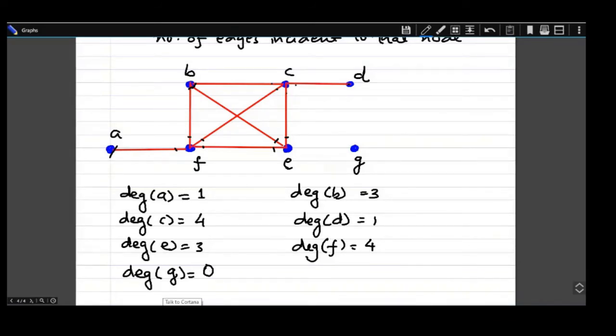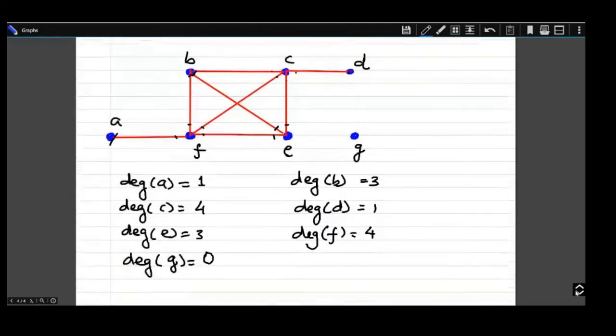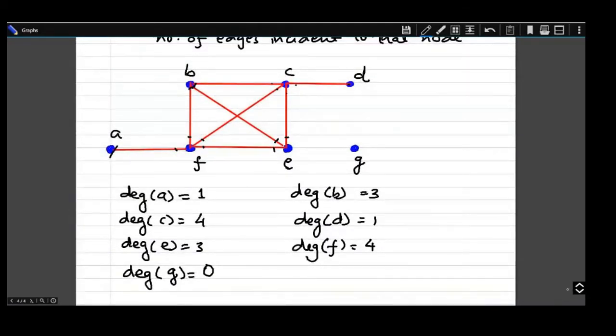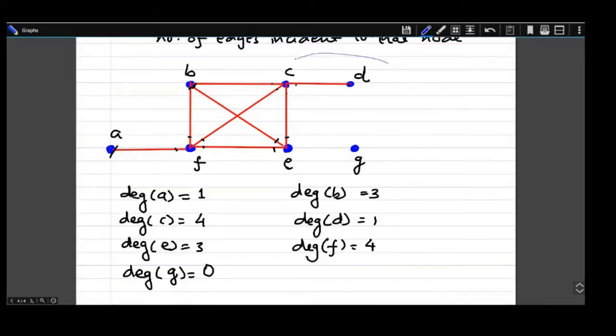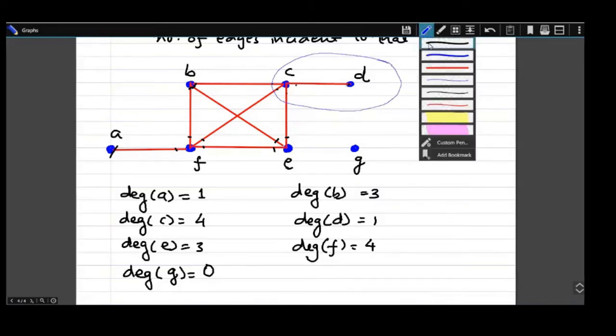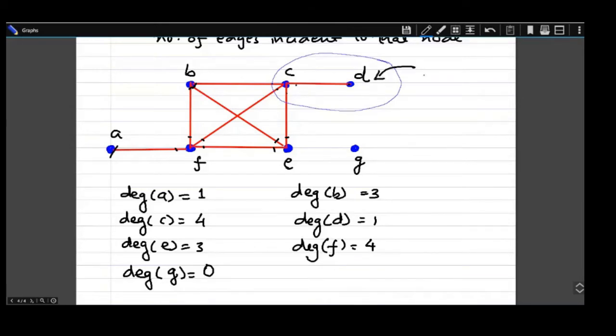Okay, good. Now in this graph I will tell you two more special types of graph component. Look at this D. The degree of D is 1. So this particular node is called a pendant. Okay, the pendant that you wear in your necklace or like that. Because it is having degree 1.